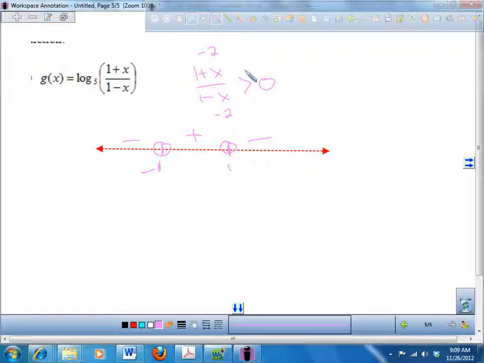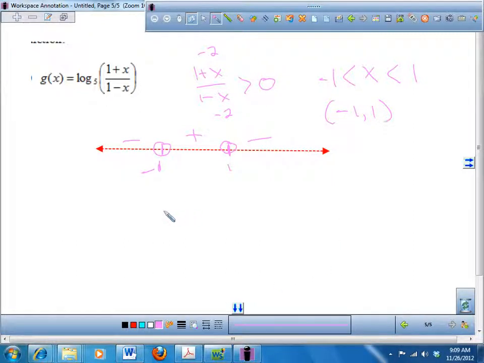So to answer the question, when is this thing bigger than 0? It's bigger than 0 in here. So you would say that x is greater than negative 1 and x is less than 1, like that. Or you could write it like this, negative 1 to 1 with curly brackets on it. Okay? So that's kind of a tricky one.